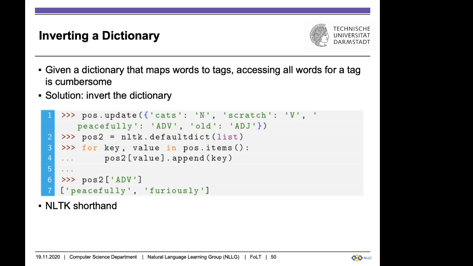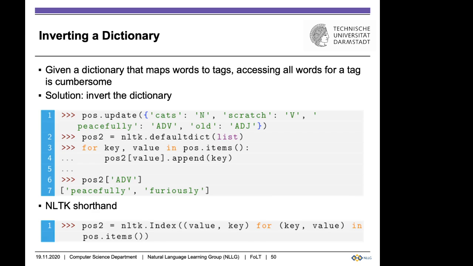As you can see here in the code, we iterate over every key and value from the dictionary, then we put the value as the key and the key as the value. Then we can access all the words by specifying a particular tag.